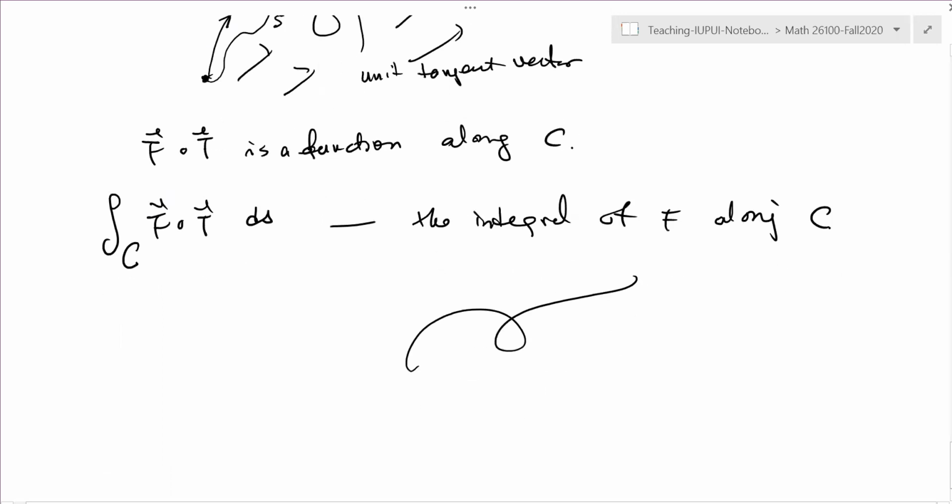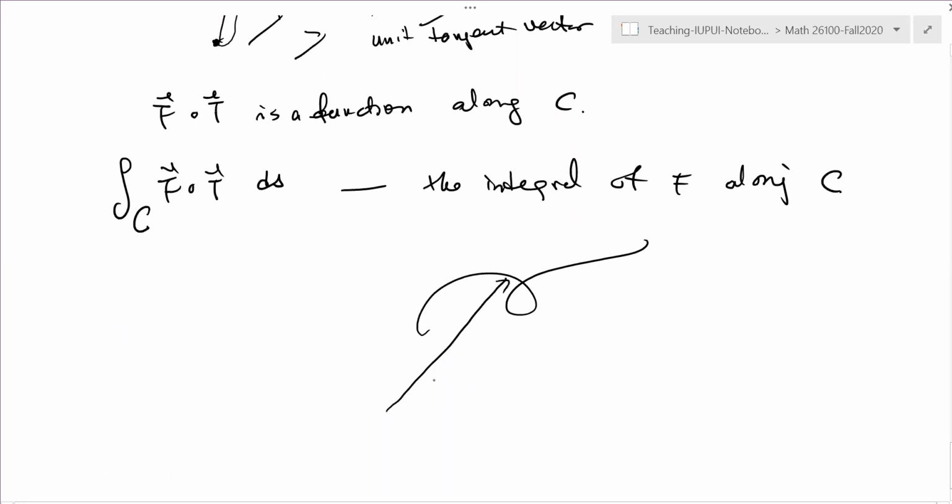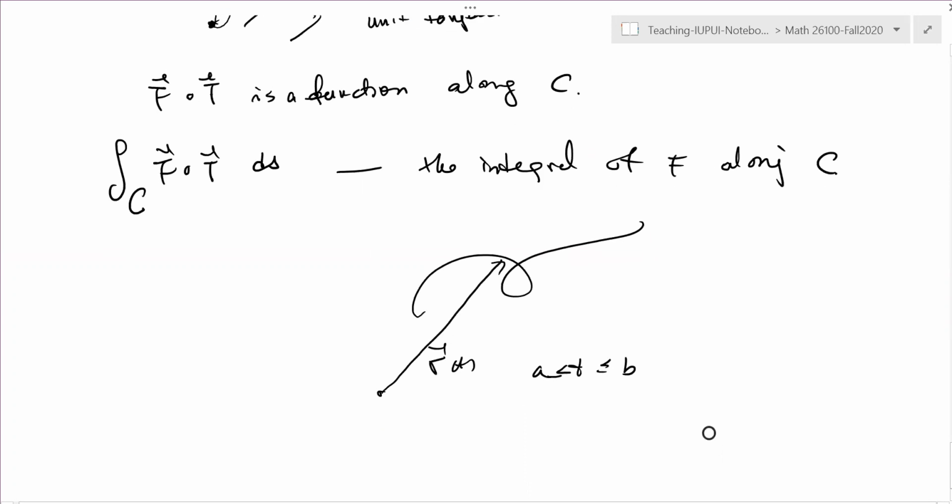So I just take an arbitrary parameterization. This is a vector equation r(t) for the curve, t from a to b, and how can I evaluate? First of all, at that particular point, the value of the vector F, this is a vector, so it's a value. And how can I describe the tangent vector at that particular point?